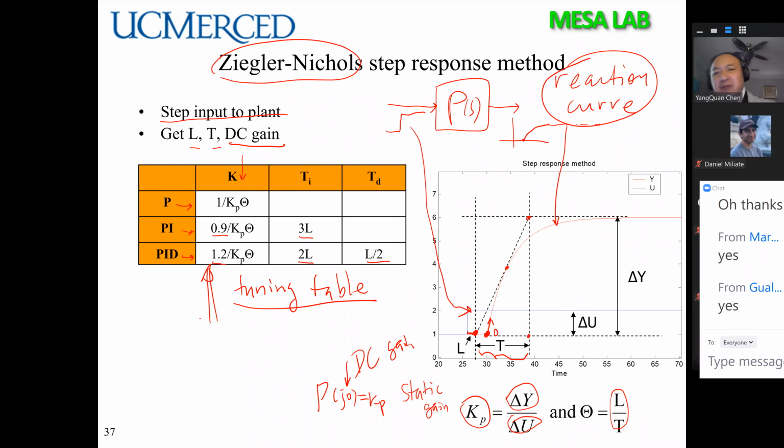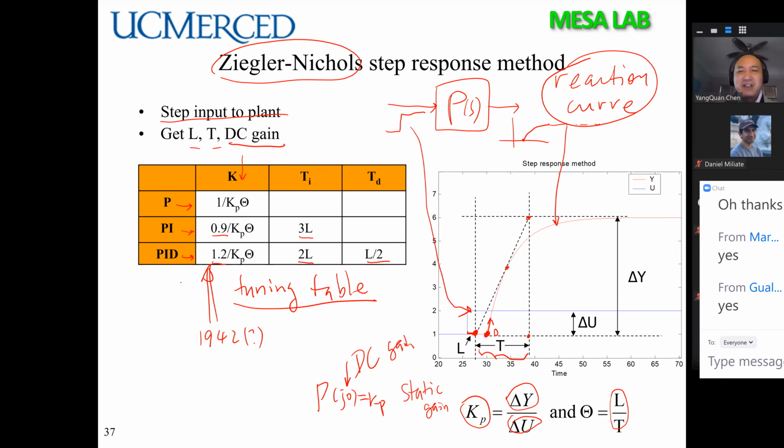I forgot, maybe it's 1942, need to double check. They did a survey of many plants and summarized a table like this. Since then, when people follow this reaction curve and this table and put it on the real system, it works.